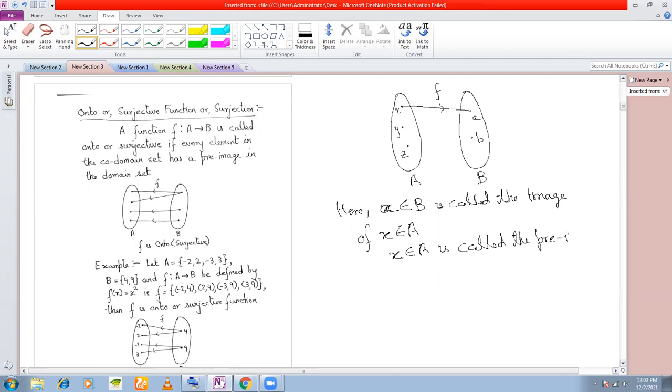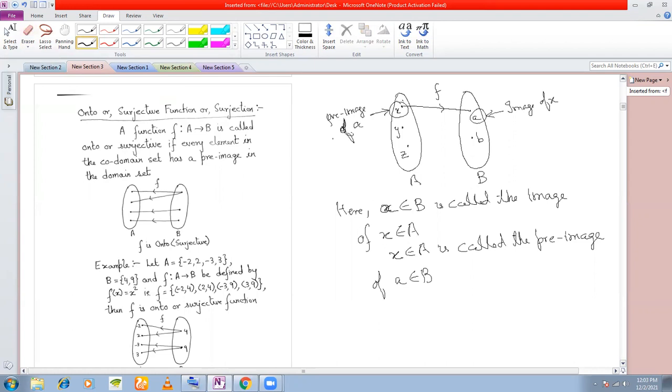The object, in fact, is called the pre-image of a belongs to B. So a here is the image of x, and x here is called the pre-image of a. Pre-image of small a.